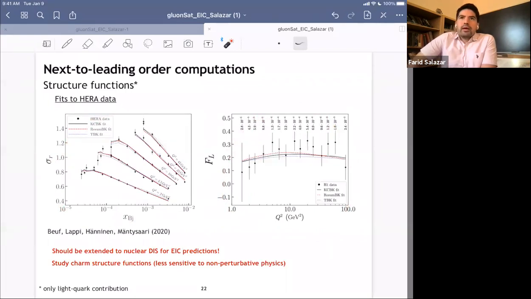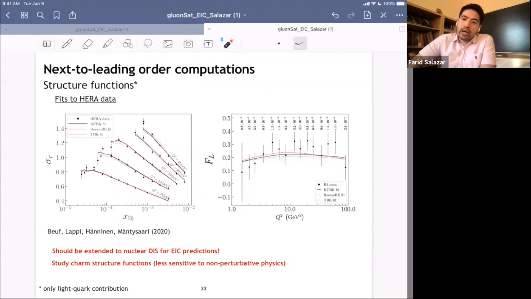The thing is that when you do these fits, there is freedom. There are some parameters which allow you to fit these results. So to really put to the test and constrain the CGC, one possibility is not just to constrain to HERA data, but look at multiple observables across different colliders and perform a global fit, a simultaneous fit of the data, first at leading order and then at next-to-leading order, and see if the fit quality is better.